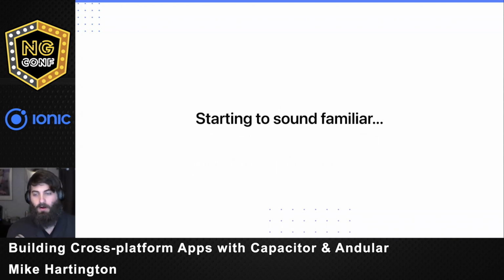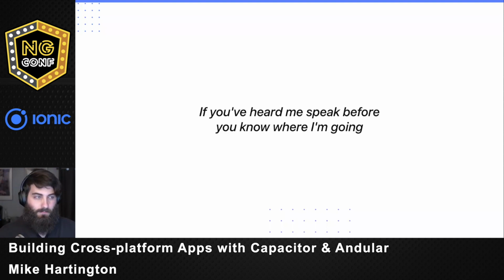Now, if you've heard me speak before, a lot of this stuff kind of sounds familiar, and that's no secret. I've been involved with this space for quite a bit, and I think you're all at least slightly aware of what I'm going to be talking about. But I want to set the stage and reframe how we talk about cross-platform development, this idea of write once, run anywhere, and reframe it as not about technologies or approaches, but about levels of abstractions.